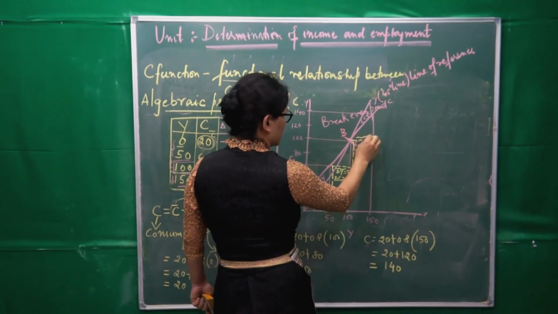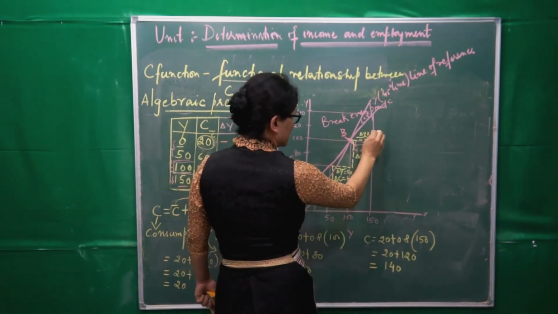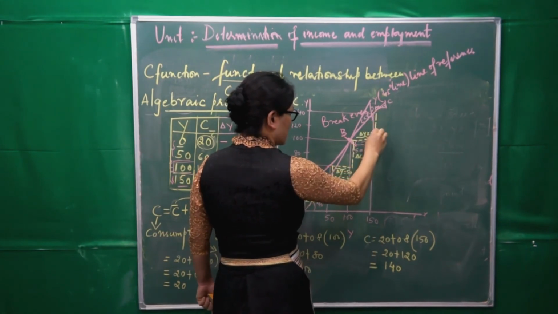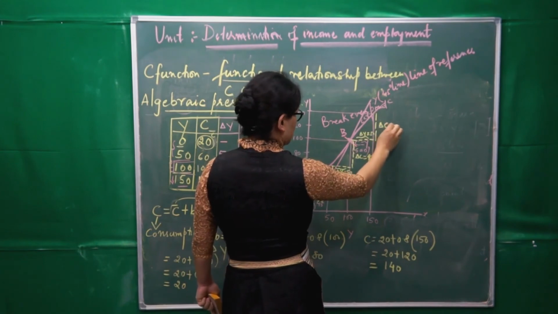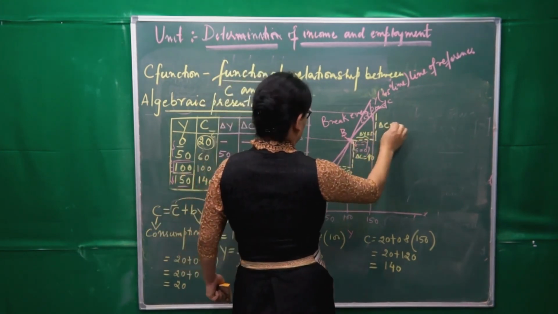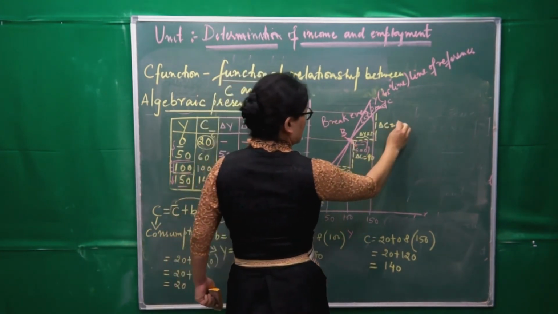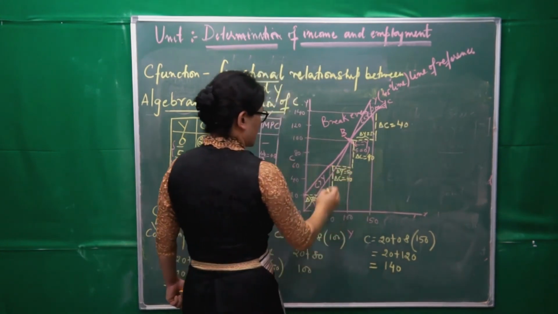This will be your change in Y, which is again 50, and this will be your change in C, which is 140 minus 100, that is 40.